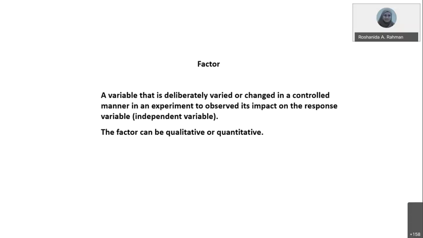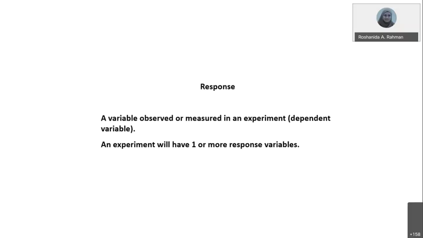What is a factor? And the second variable is the response. We have the input variable just now, which is factors or independent variables, and now we have response or dependent variables.